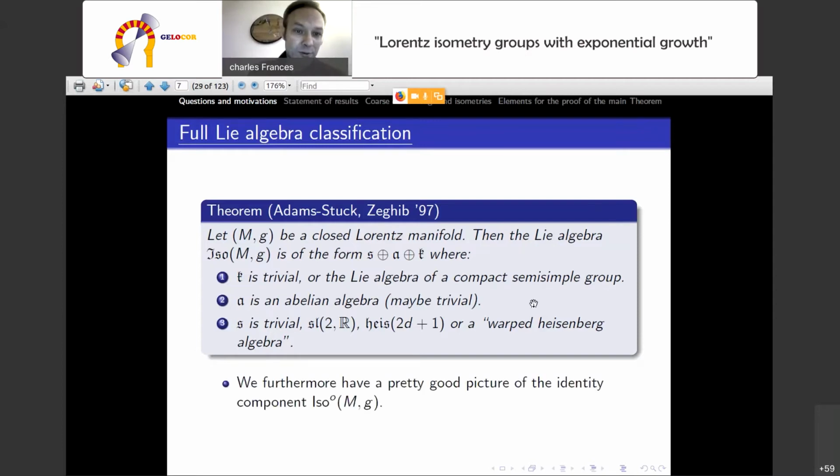And moreover, if you dwell a little bit in those papers, you find a pretty good description of the identity component of the group itself. Of course, the Lie algebra is not enough to understand fully the identity component, but we have a pretty good picture thanks to further analysis. Okay, so at the level of the identity components, things are really almost fully understood.